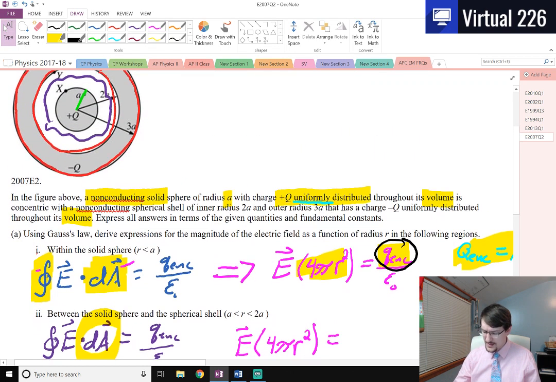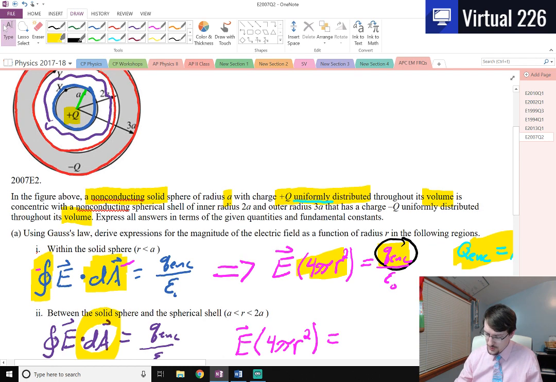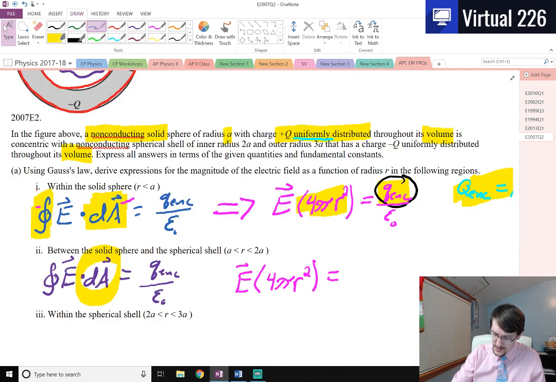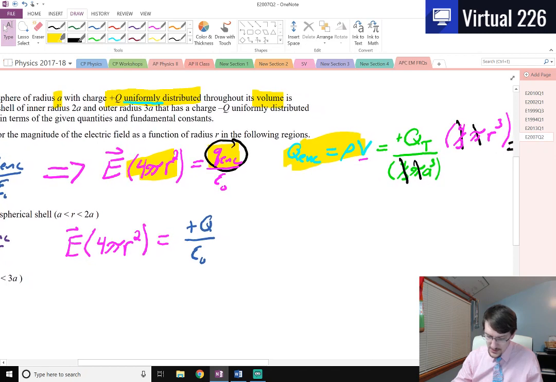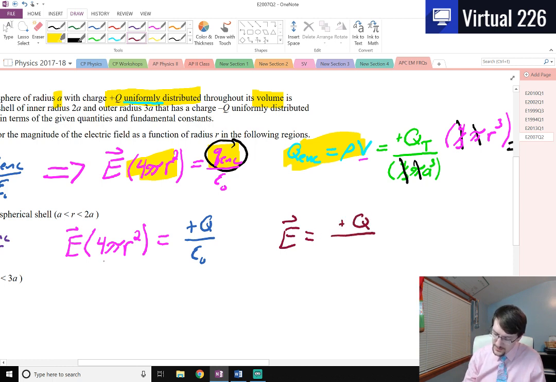And in this case, we know the charge enclosed. We've enclosed exactly positive Q. So we can just say that this is positive Q over epsilon naught. And just like that, we can clean this up and solve it. The electric field equals Q over, if we divide each side by 4 pi r squared, 1 over 4 pi epsilon naught.